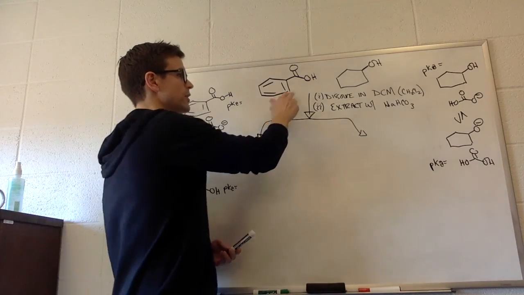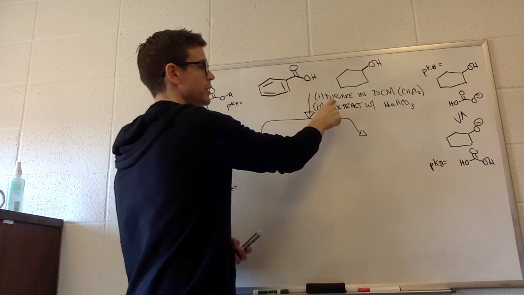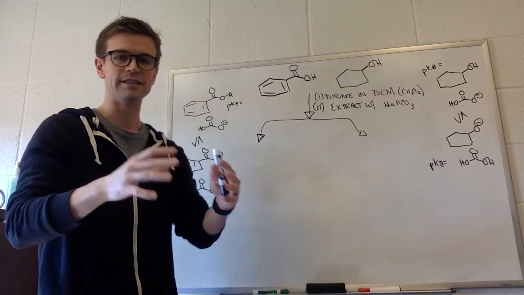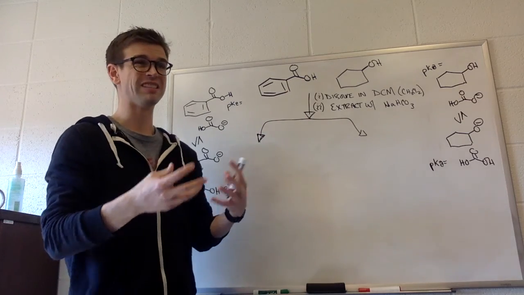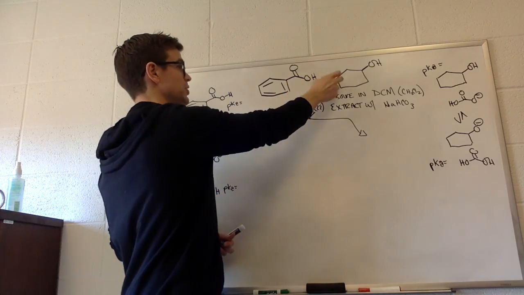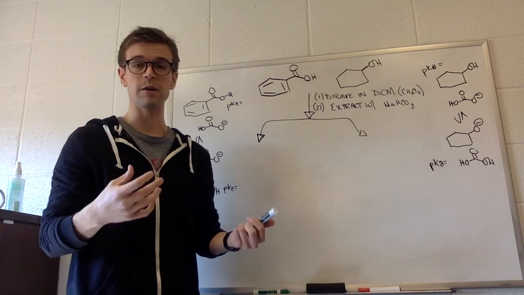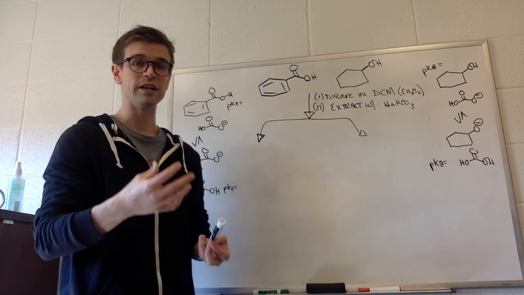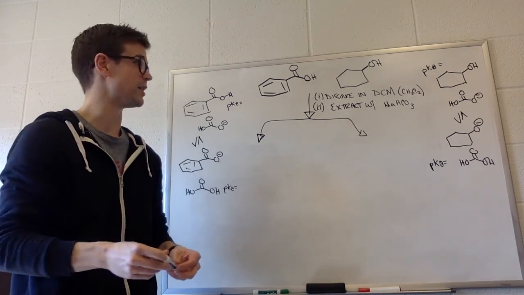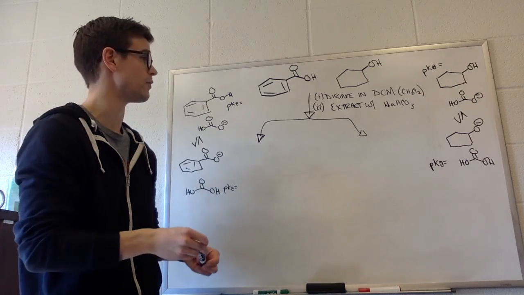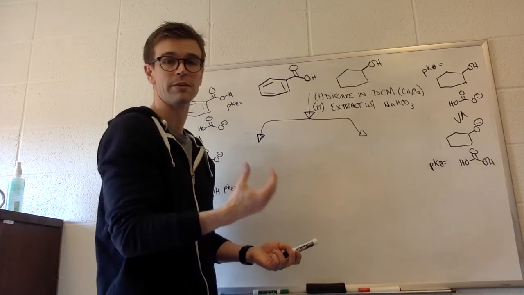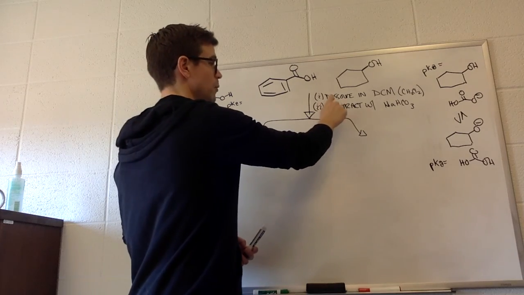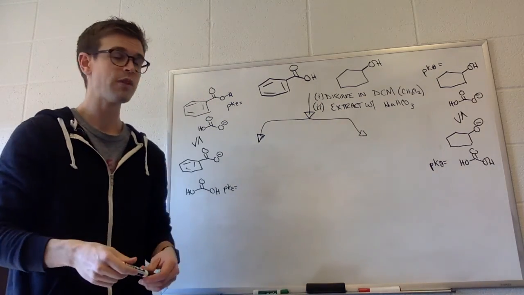Let's take a step back. What might we have? We might have a solid from somewhere that has a mixture of two different components in it, and we are trying to separate those two components to understand what is in that mixture. So the first thing we would do is put them in a solvent that both of them are soluble in. So that's step one, dissolve both of them in DCM.